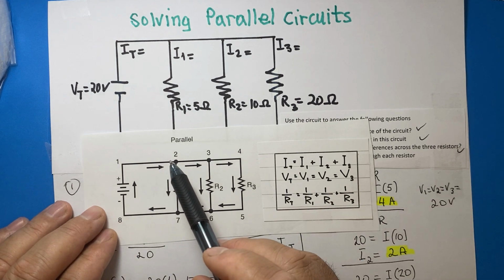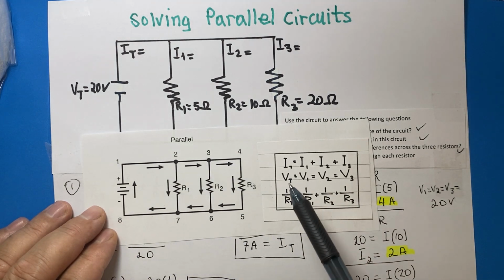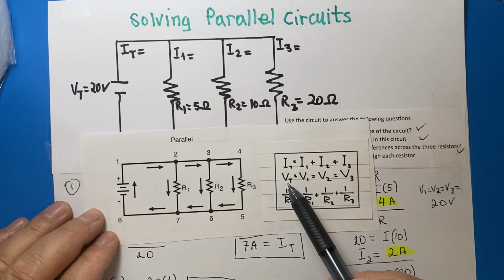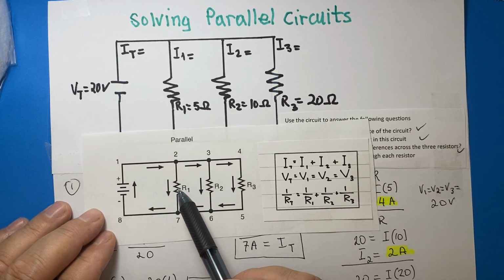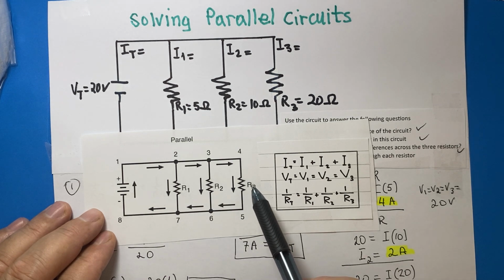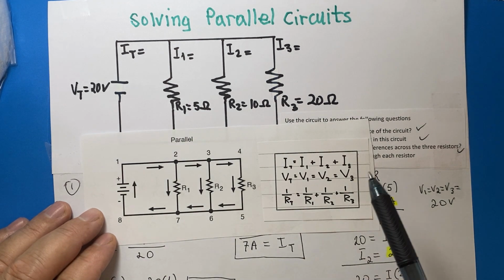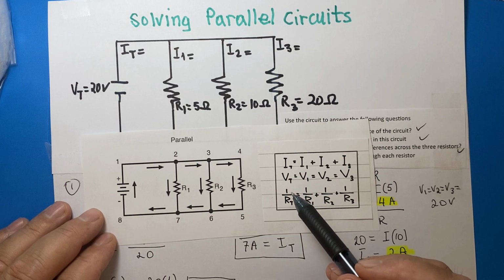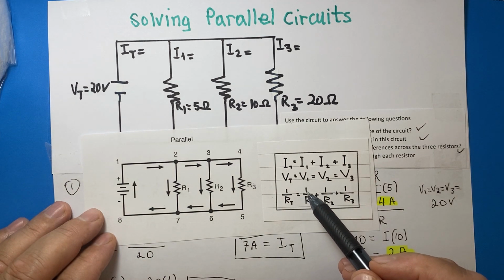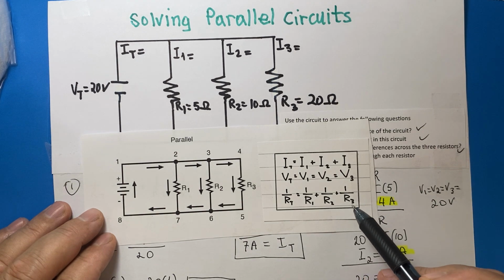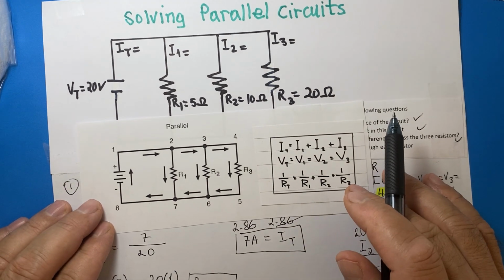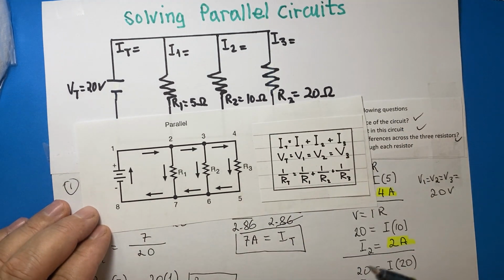So current is divided between branches. Total voltage is equal to V1 equals V2 equals V3. Total resistance is 1 over RT equals 1 over R1 plus 1 over R2 plus 1 over R3. And this is inverse because when the resistance is increased, the current decreases.